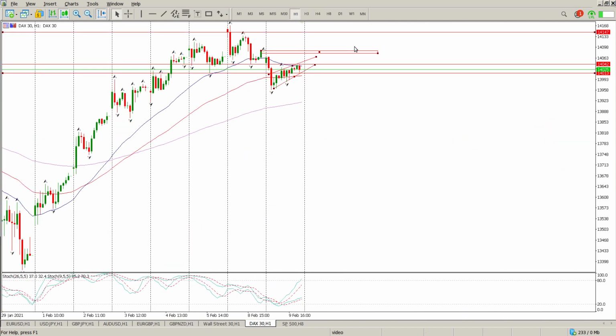You've got setups to the upside, you've got setups to the downside, and that's never a good sign. That's an indication that there's equal opportunity for the bulls and the bears right now, and either can happen.